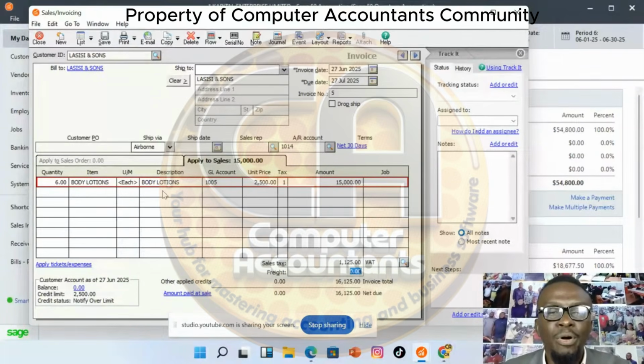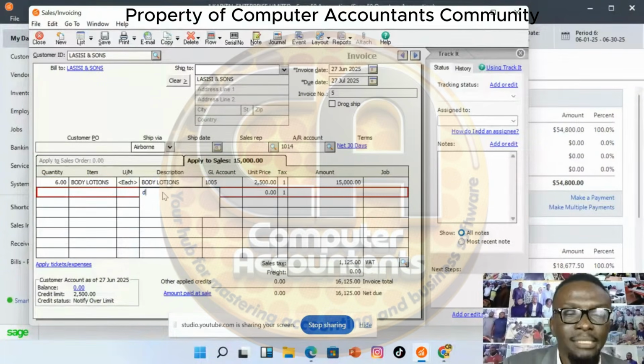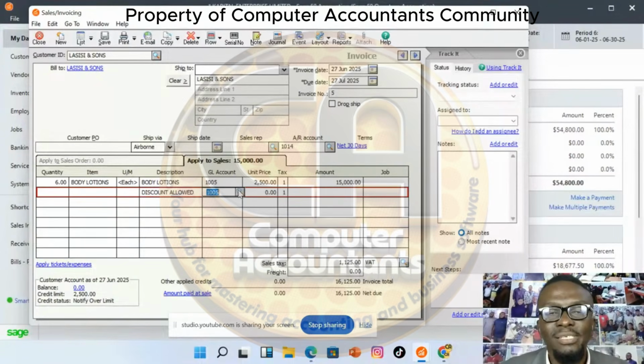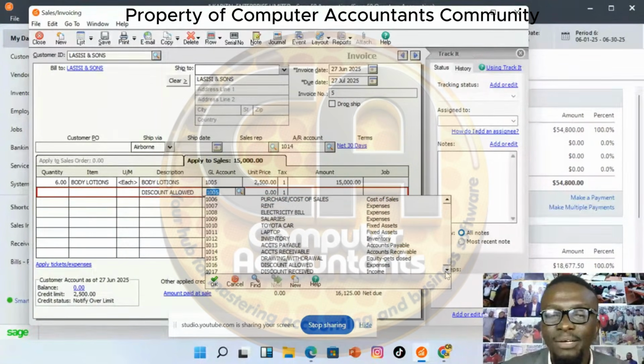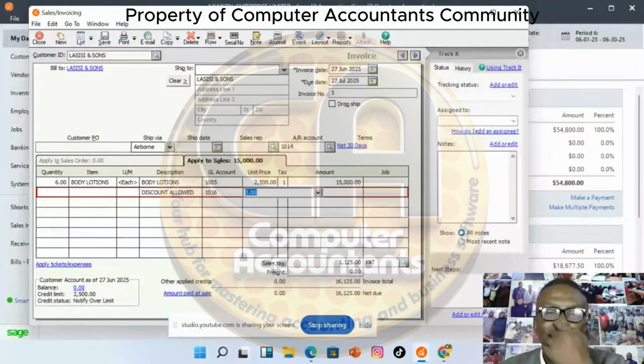So I'll come to description and type discount allowed. Now watch this, go to discount allowed account and select it, because we are allowing, we are the one losing.